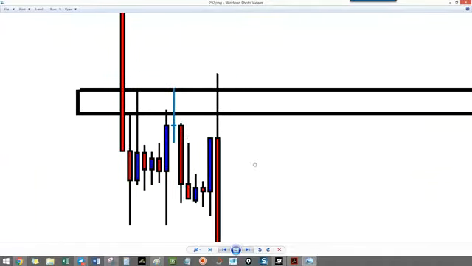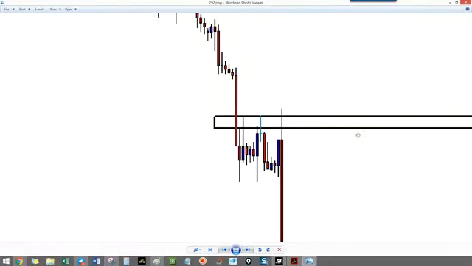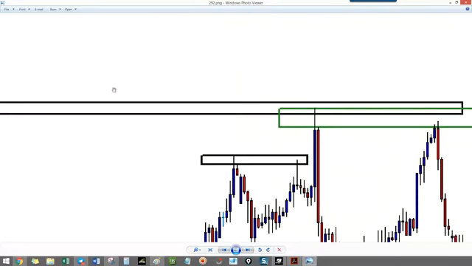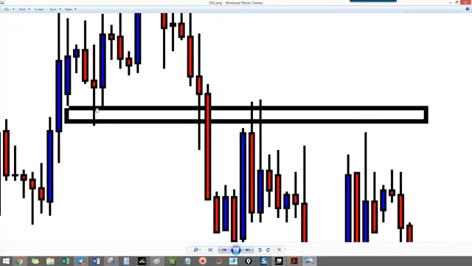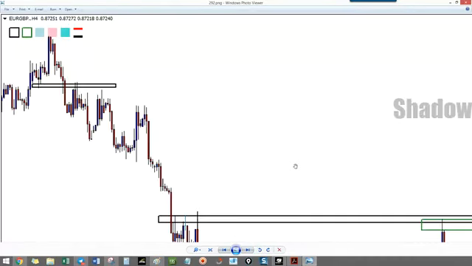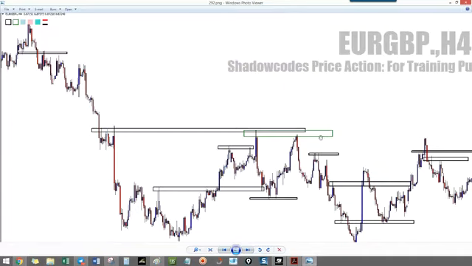Look, this one you get an entry over here, and also over here. Let's start from here. Okay, so this one you enter over here, you got a little bit of float there. And this one you got a little bit of float there.